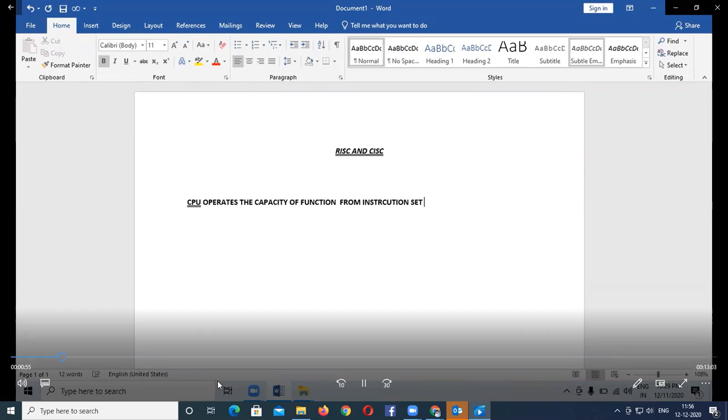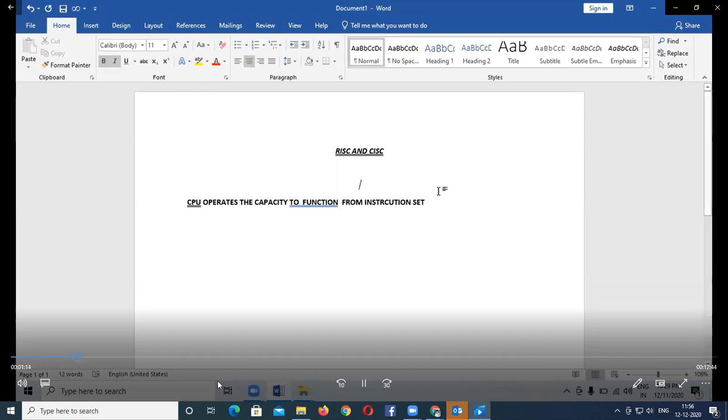So the architecture of the central processing unit operates the capacity to function from the instruction set architecture to where it was designed.